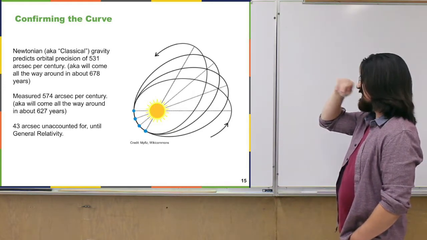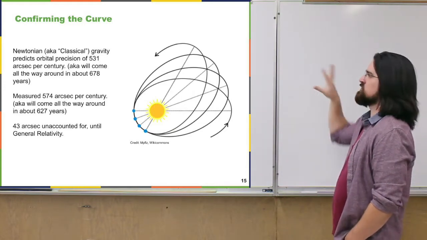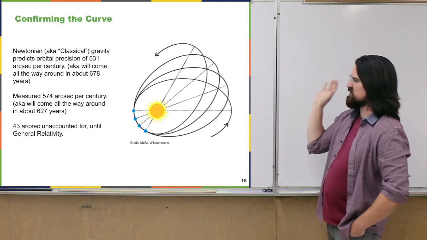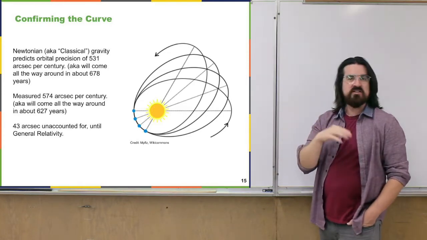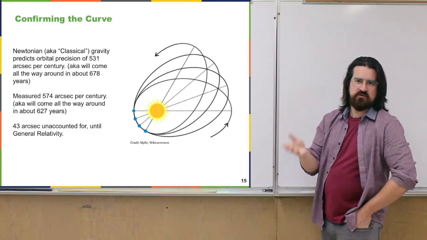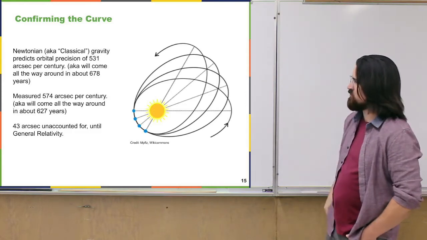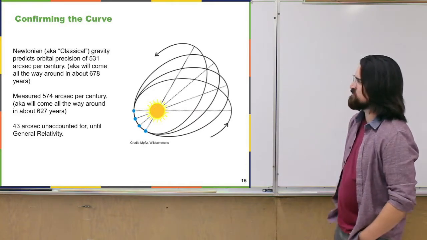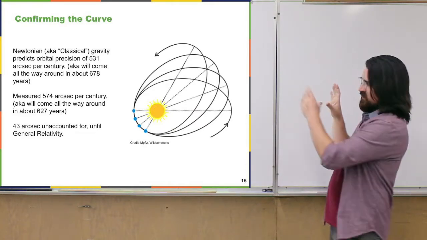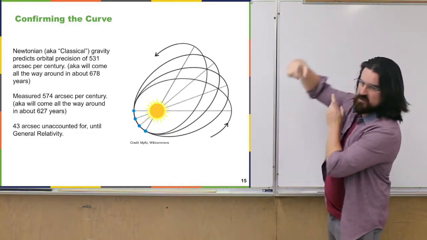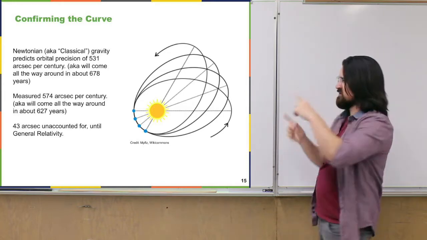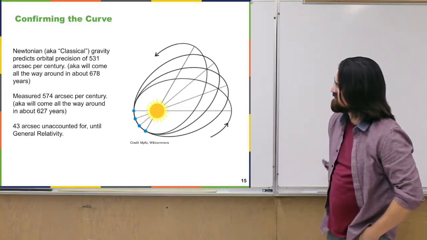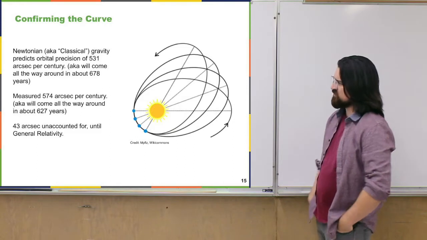So with Newtonian gravity, you could calculate this precession, and they usually measure it in arc seconds per century. It's a very slow advance. It came out to 531 arc seconds per century, which means that the orbit will have rotated all the way around and come back to where it started in about 678 years. A long time.